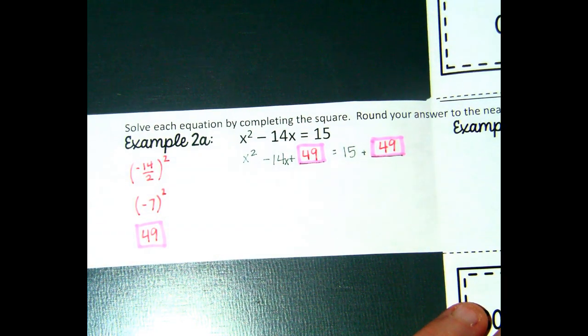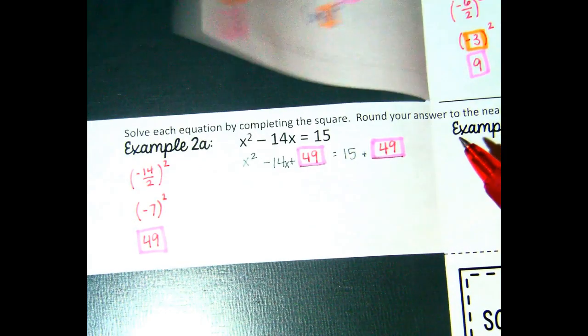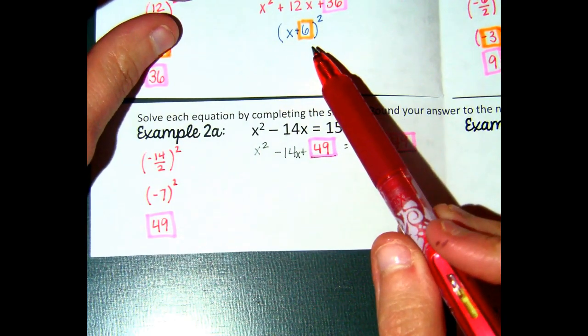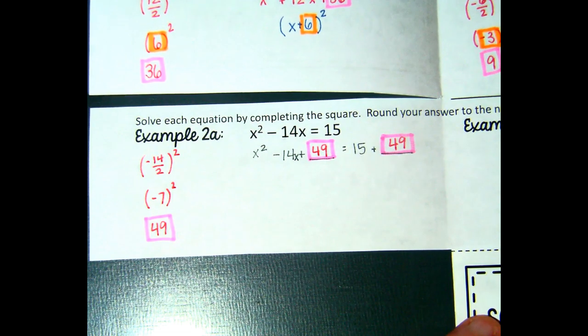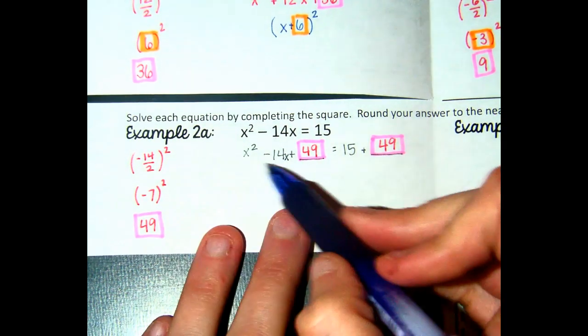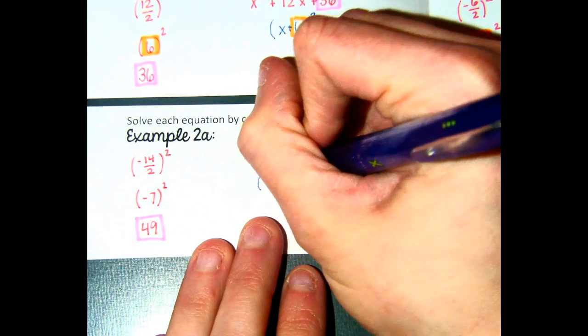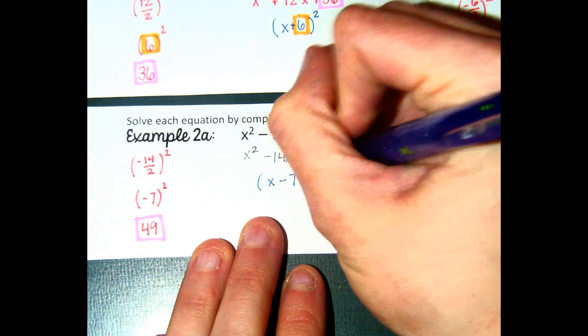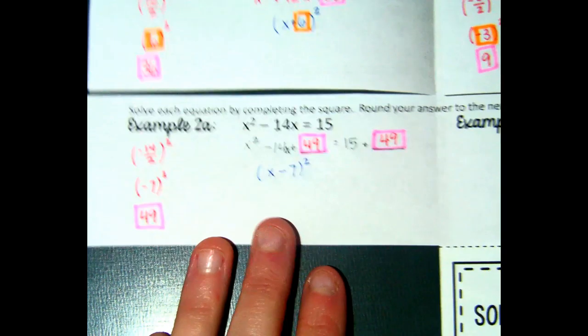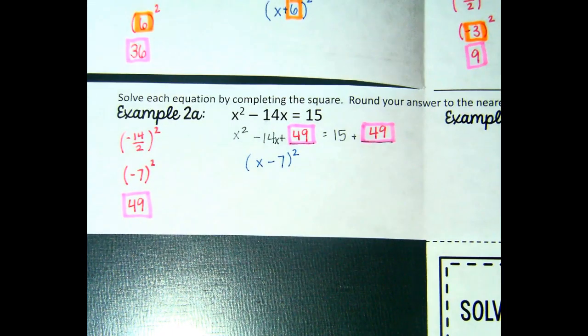Now, I need to go to the perfect square part. What is this side, x squared minus 14x plus 49, as a perfect square? Again, that came from here.